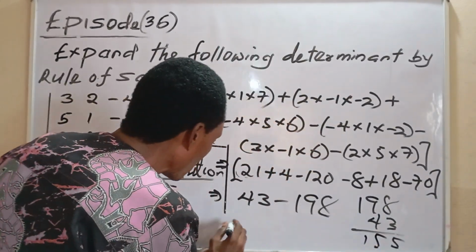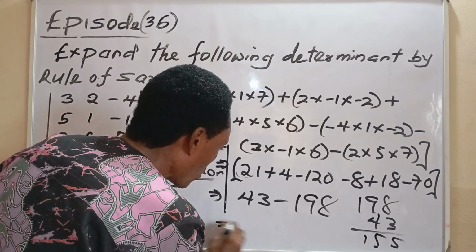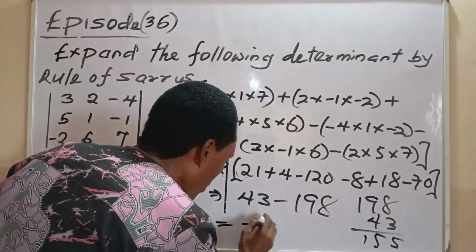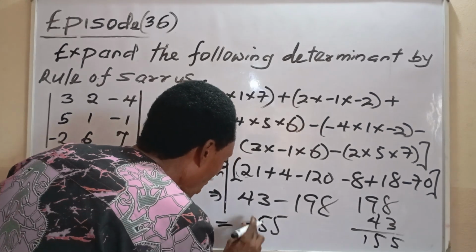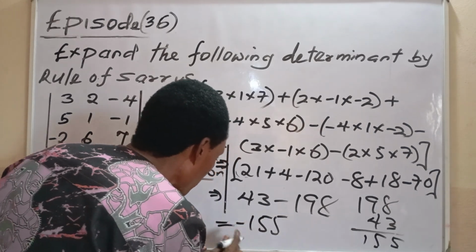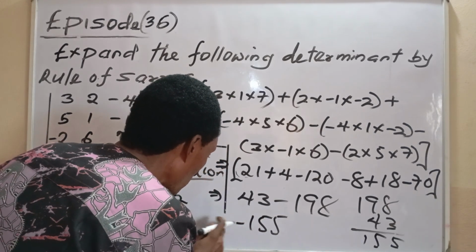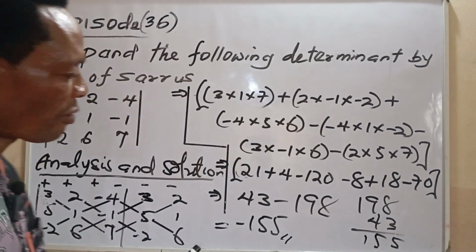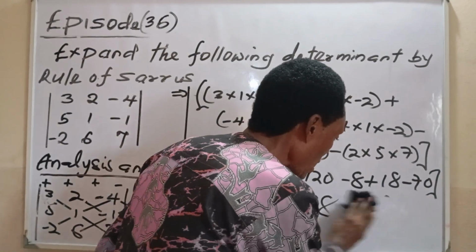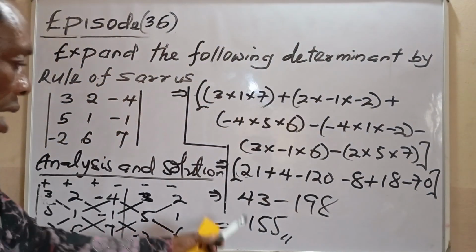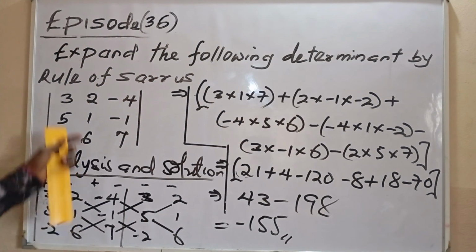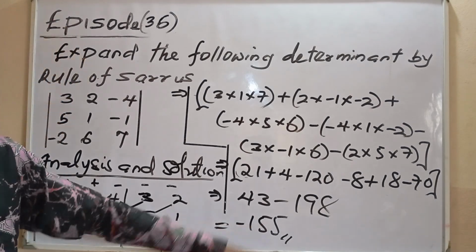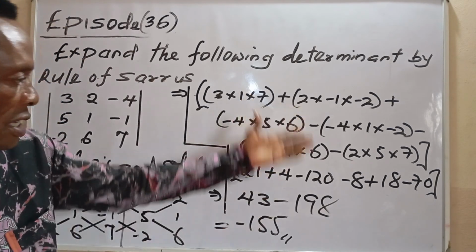So 43 minus 198 will give us minus 155. I think this is the answer to this question. So the answer is minus 155.